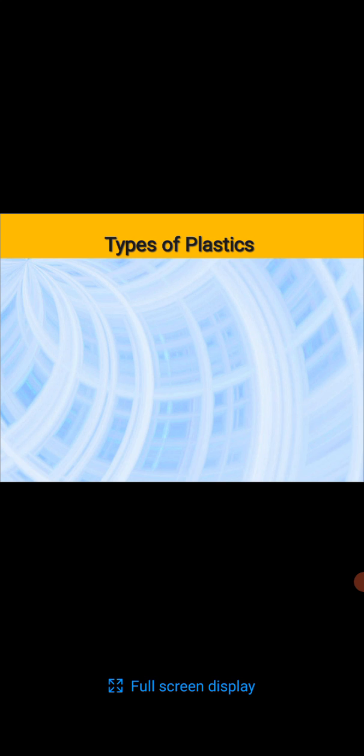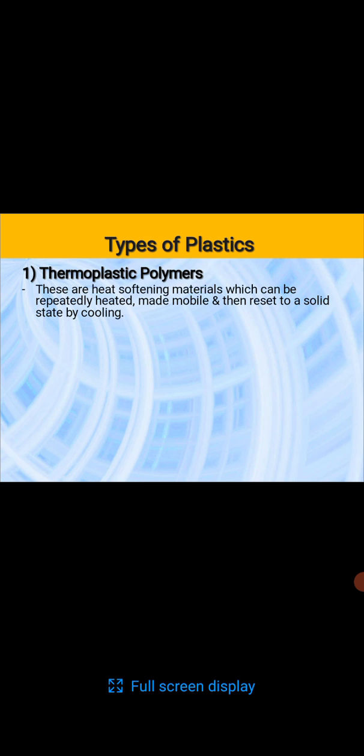Let's move to the types of plastic. Thermoplastic polymers. These are heat-softening materials which can be repeatedly heated, made mobile, and then reset to a solid state by cooling.